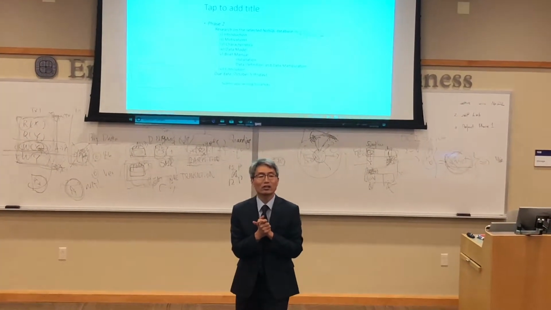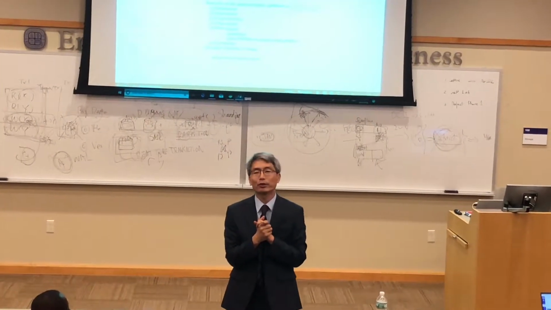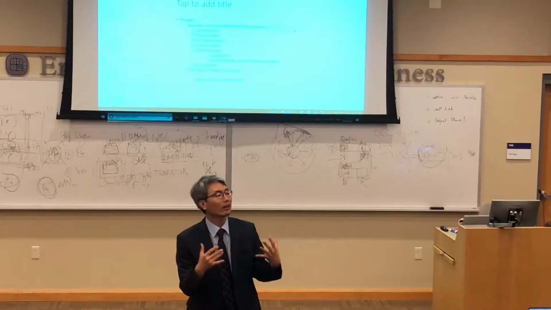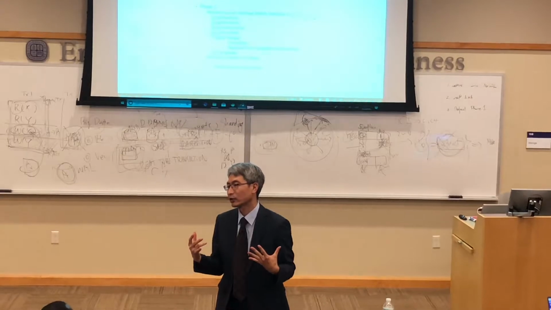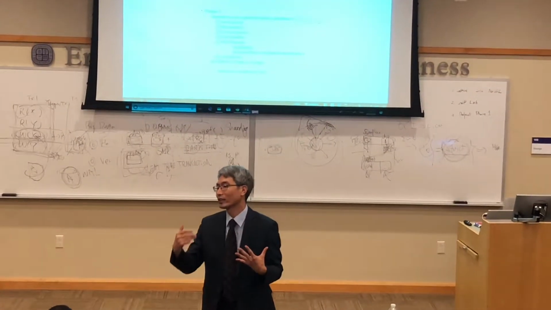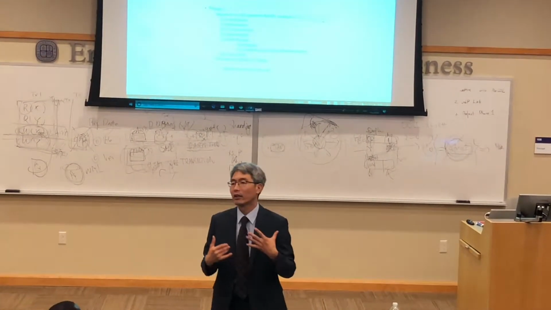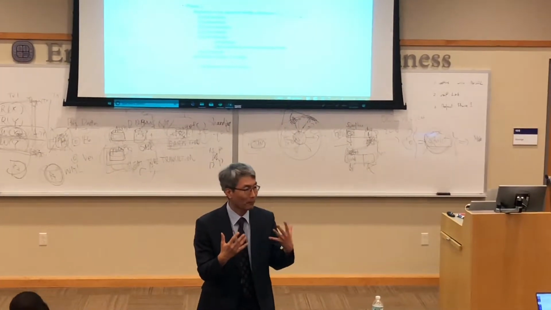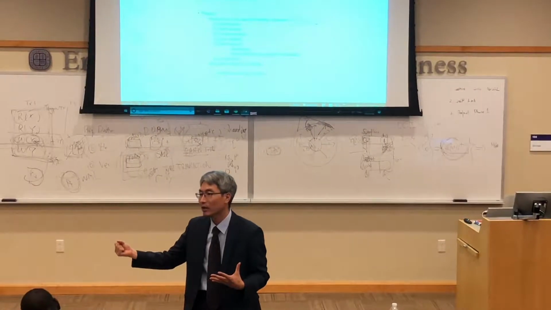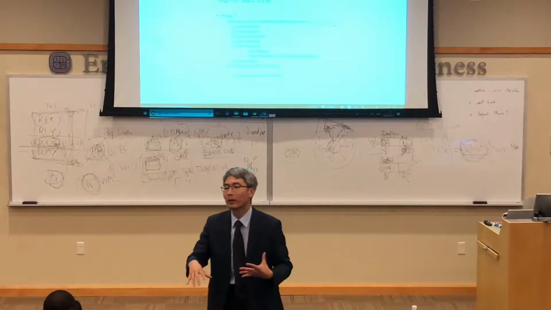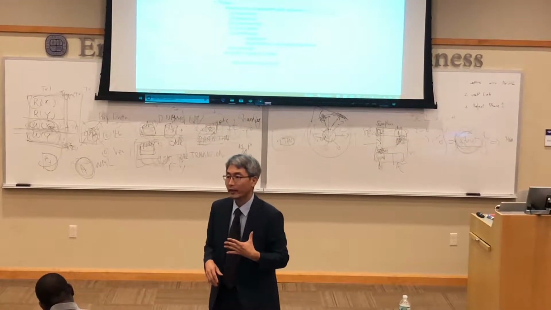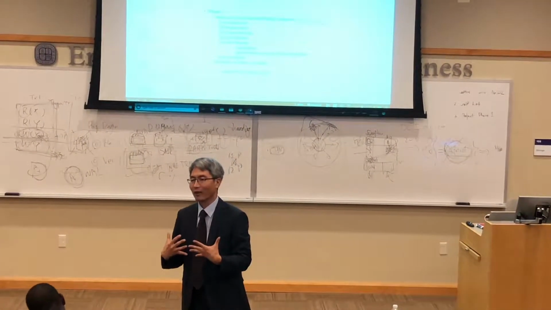The reading assignment is that I'd like you to read a technical paper. It's not easy to understand each and every line, but to improve your reading comprehension of technical papers, I assigned this one. So basically what you need to do is read the paper, then understand as much as possible.